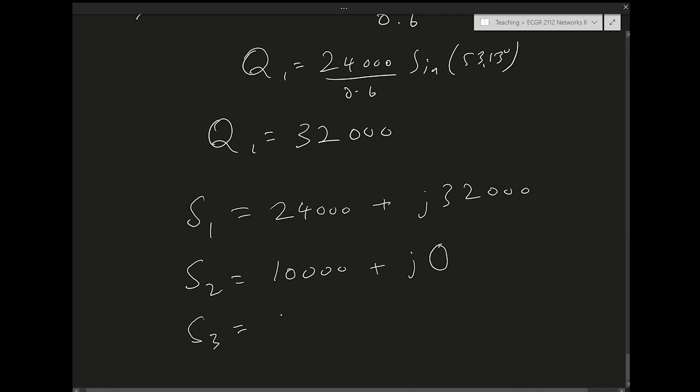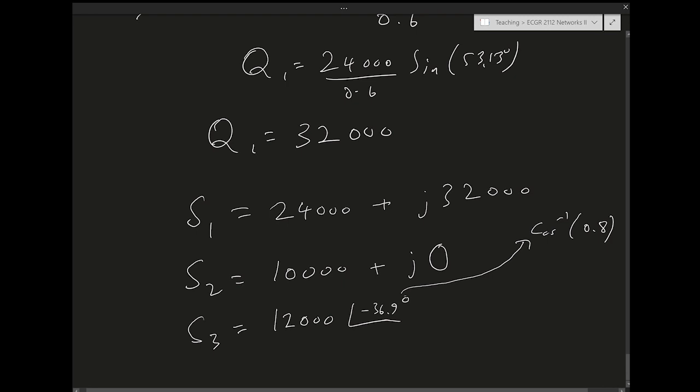It's given as 12,000 kVA with an angle of minus 36.9 degrees. Why is this negative? Because the minus 36.9 degrees comes from the cosine inverse of the power factor, which is 0.8. It's cosine inverse 0.8.